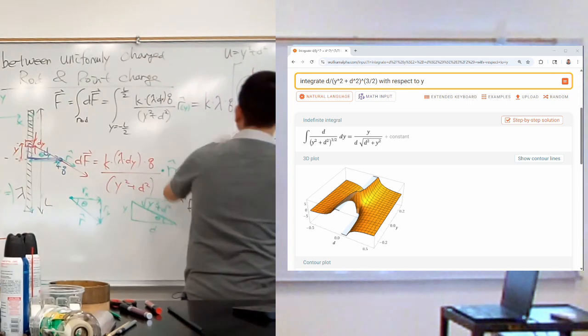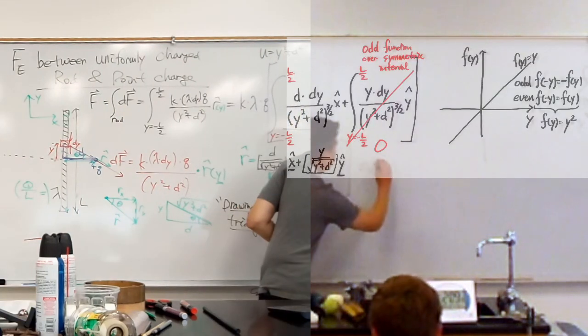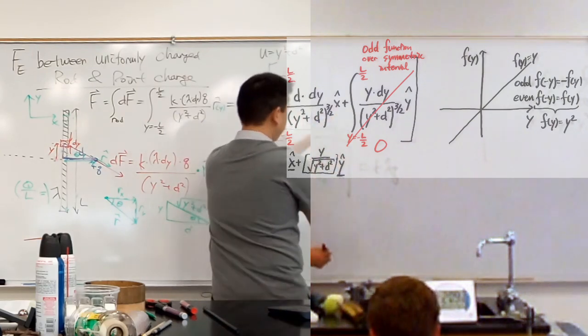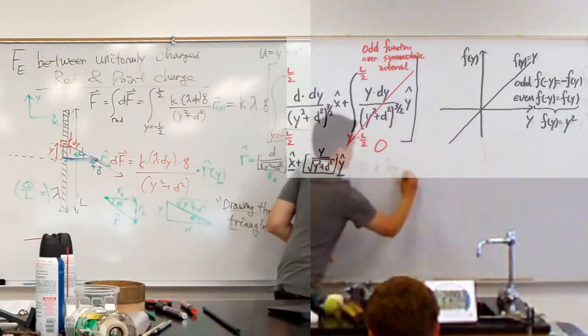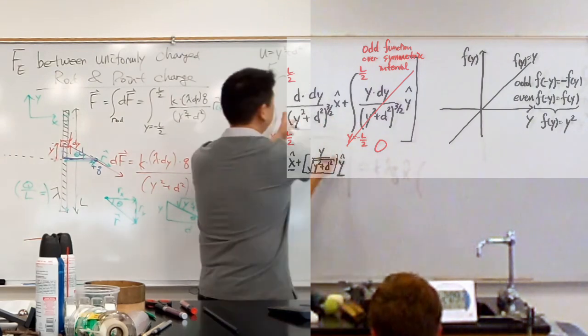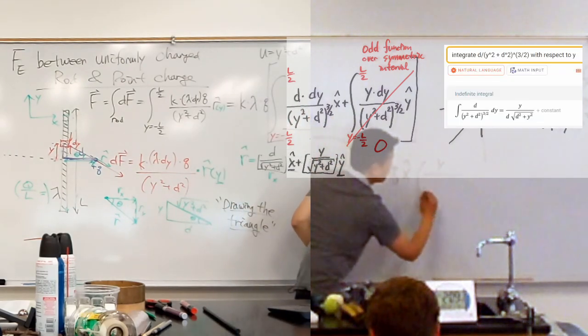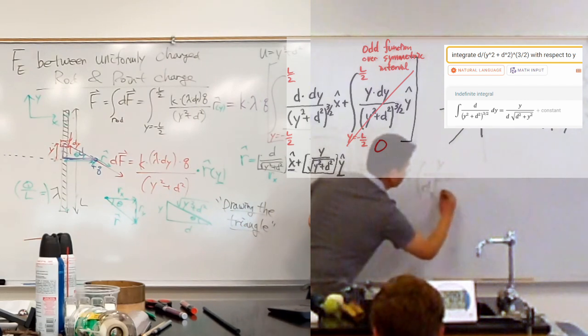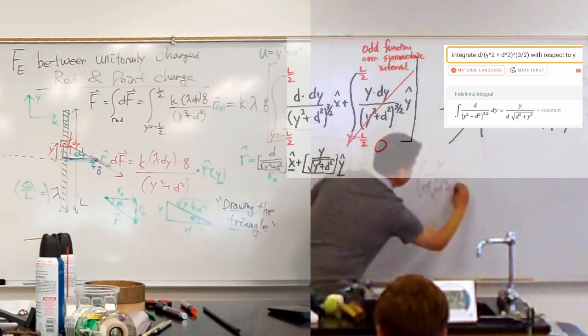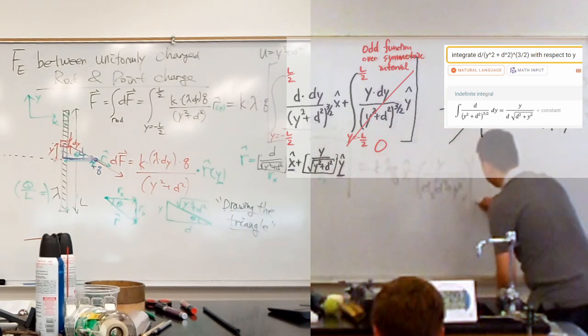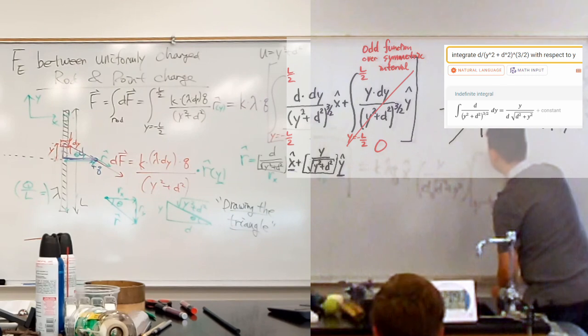It's equal to, these constants are still there, k lambda Q, I have the antiderivative of the x hat times the antiderivative of this, which is y over d times the square root of d squared plus y squared, evaluated from y equals minus L over 2 to y equals L over 2.